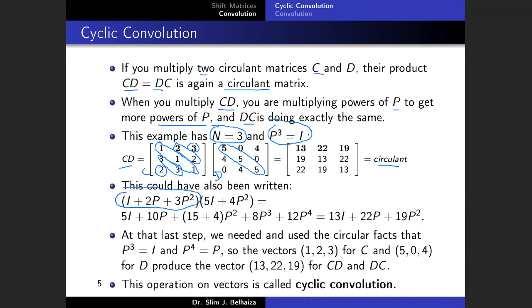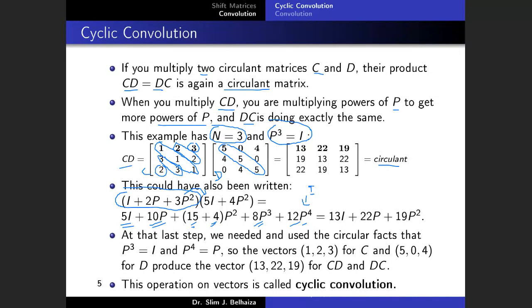So if you do the simple expansion here, you get 5I plus 10P, plus for the P squared, you get 15. First of all, 3 times 5 from here. So you get 15, plus the other one when I hits the 4P squared. So you get 15 plus 4P squared. And you get 8P cubed plus 2P to the power 4. In fact, P to the power 4, as you know, is I.